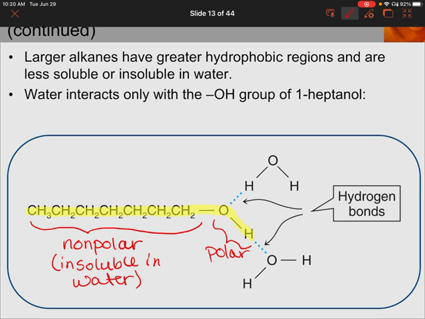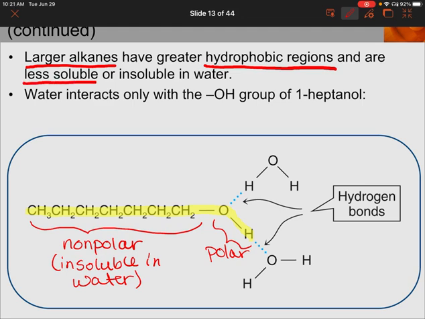So if you have a really large alkane attached to your OH group, then you have greater hydrophobic regions. So hydrophobic means fear of water. So those hydrophobic regions are going to want to point away from water, which means that they're less soluble in water.